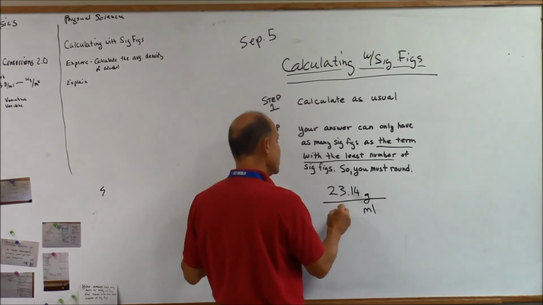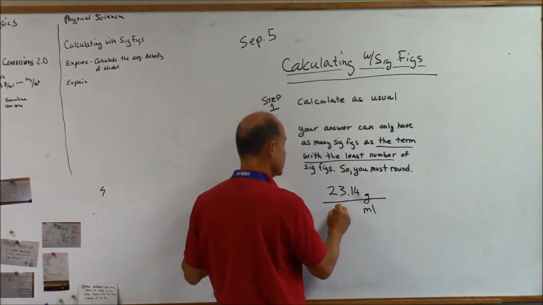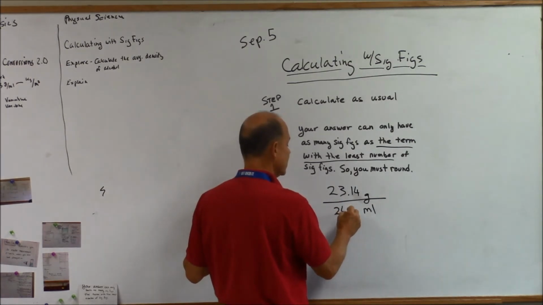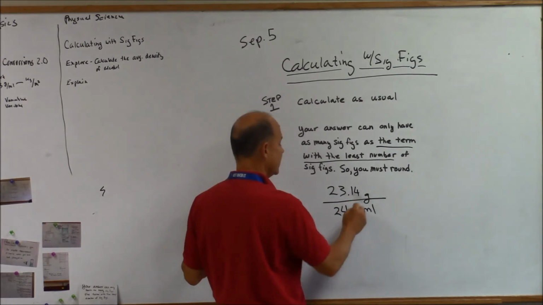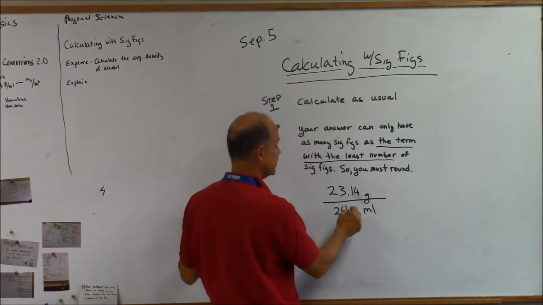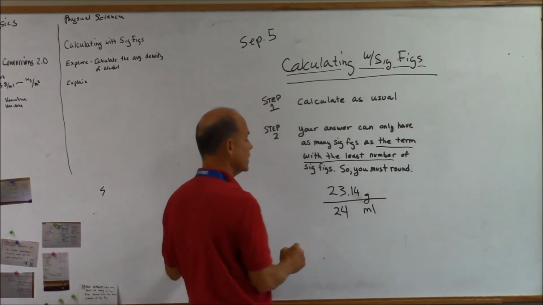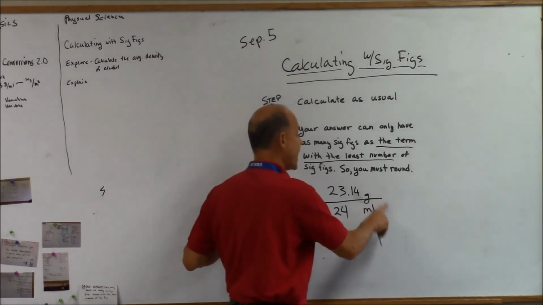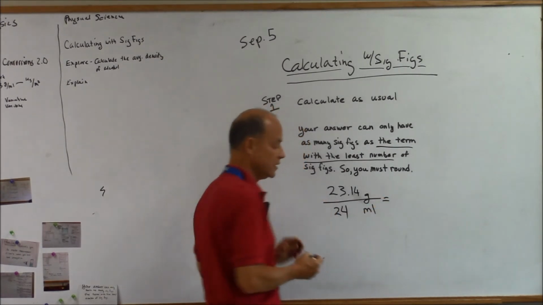If it's water, it's probably going to come out to, I don't know, 24. If we use the 250 milliliter graduated cylinder, this is all the precision that we can get, 24. Go ahead and do that in your calculator and let's see what you get.